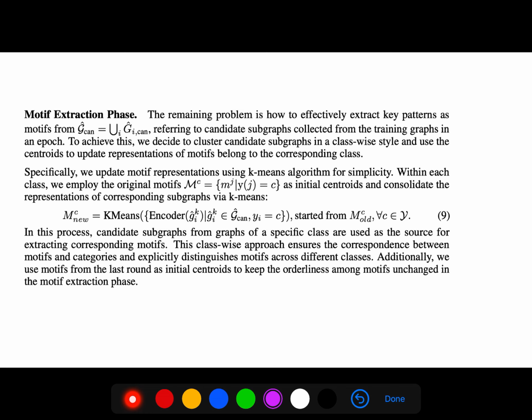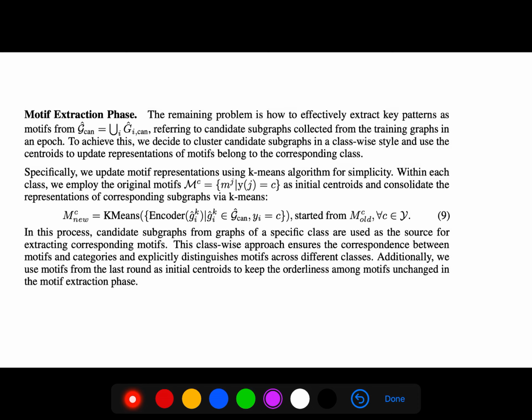The remaining problem is how to effectively extract key patterns as motifs. So we decide to cluster candidate subgraphs in a class-wise style and use the centroids to update representations of motifs belonging to the corresponding class. We update motif representations using the k-means algorithm for simplicity.